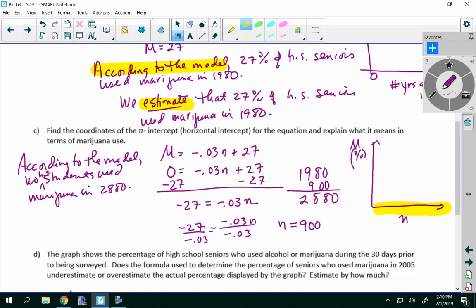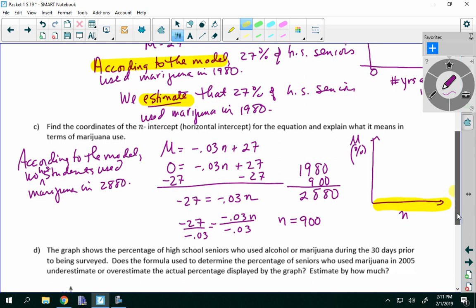So this is one of the times when we'd want to really consider whether our model makes sense here. I mean, we really think 0% of the high school students will have used marijuana in 2880? Well, who knows, right? So this is what our model gives us for a finding, but we may want to say this could be an example of model breakdown, or we might just want to write our answer and move along.